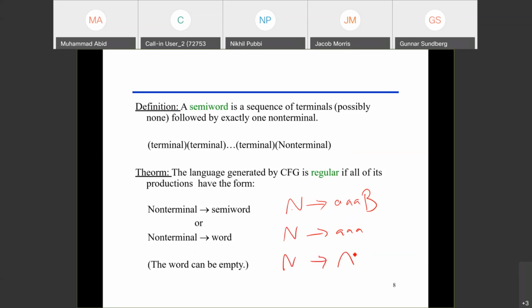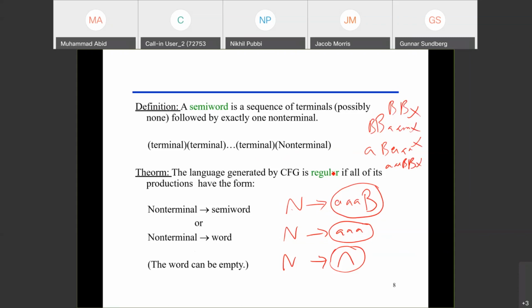Either you have a semi-word or just a word or lambda. Then, and you do not have any production rule which has a non-terminal somewhere in between, or starts with a non-terminal, or just non-terminals, more than one non-terminal here, or more than one non-terminal here. So if you do not have any of these scenarios, then we can say that the grammar represents a regular language.